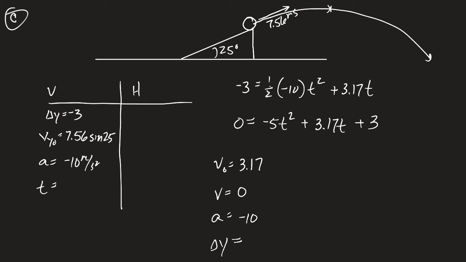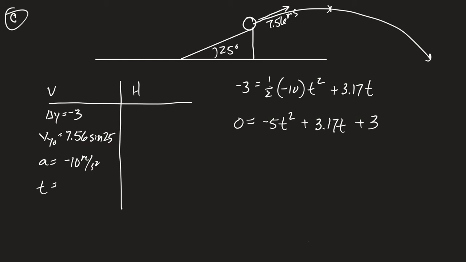And then you would do another problem where the initial velocity is 0, the acceleration is -10, and whatever this is, plus 3 meters, would be the delta y, and you'd find out how long it takes to reach the ground. You can do this. If you don't want to do the quadratic formula, this will do it, but you are not getting around the fact that you need the time that it's in the air. There's just no other way to do the problem.